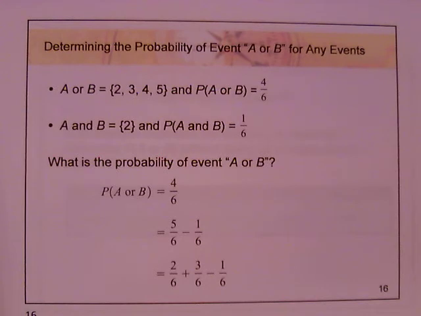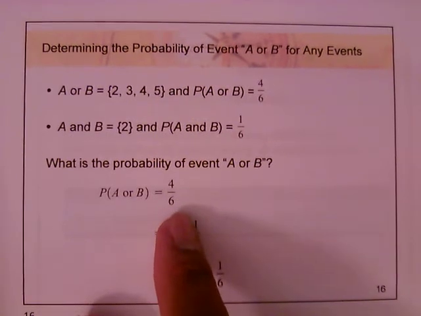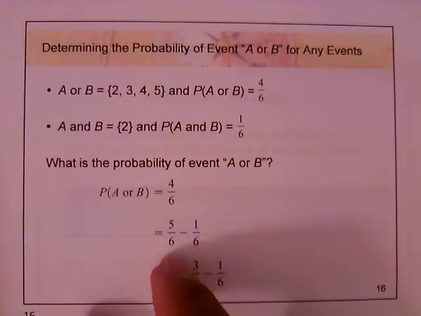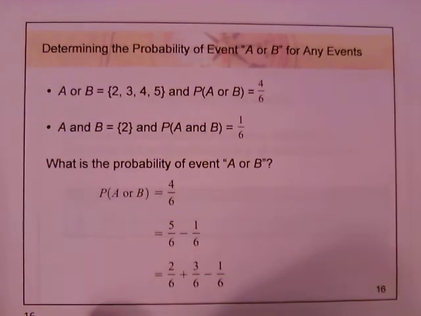So to find the probability of event A or B, well, A or B will be 4/6, and that's going to be equal to 2/3 plus 1/3 minus 1/6.